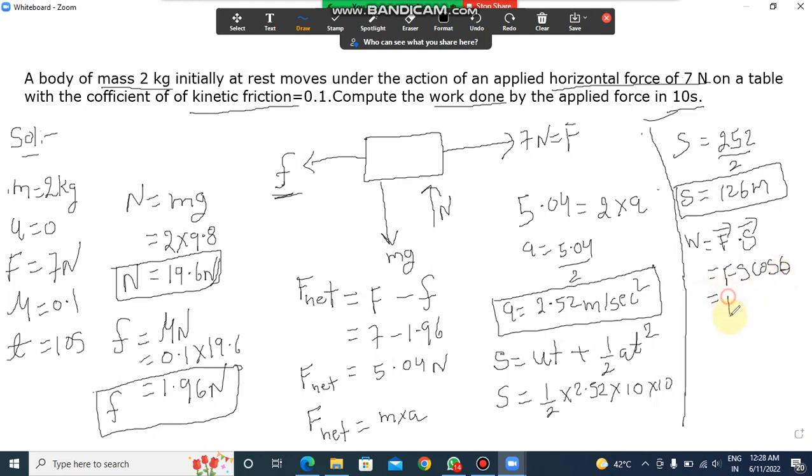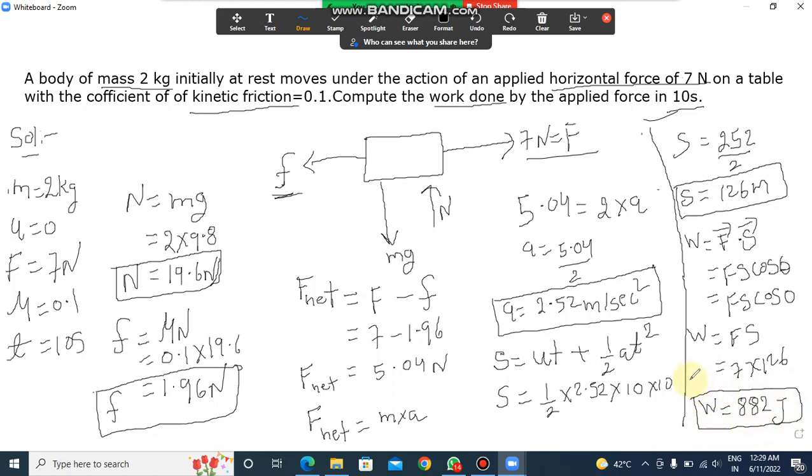We know Fs cos 0, and cos 0 value is 1. So now we have only F into S. We have both the values here: F is 7 Newton and S we have calculated as 126. So 7 into 126, which is W now, 882 joule, because we know the unit of work is joule.